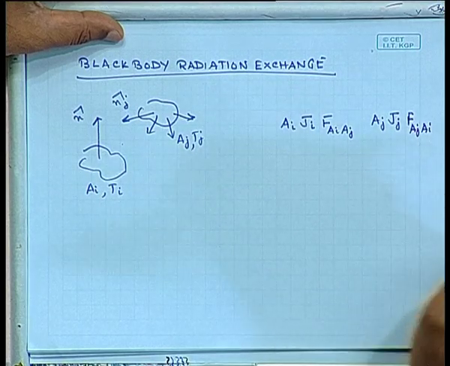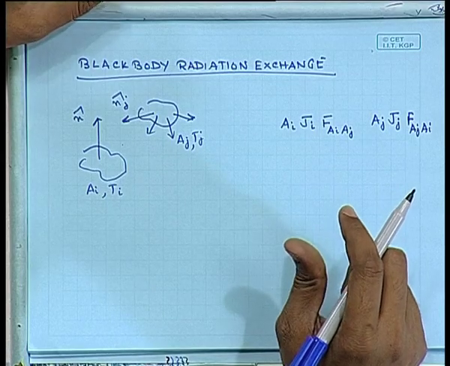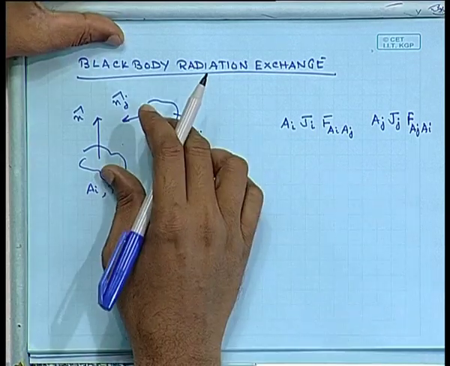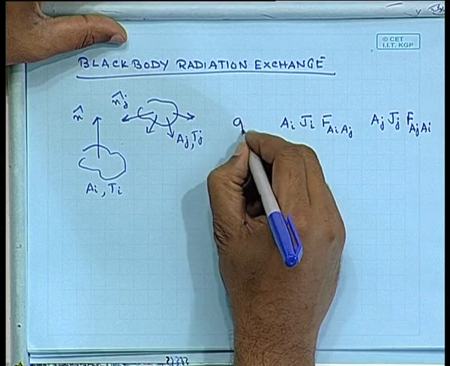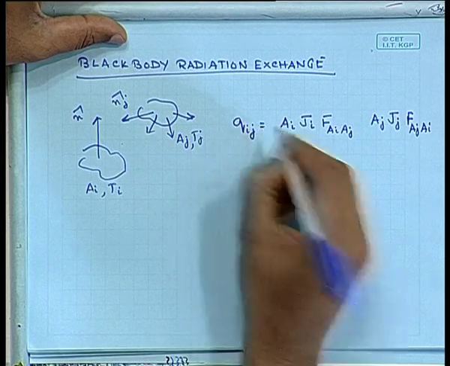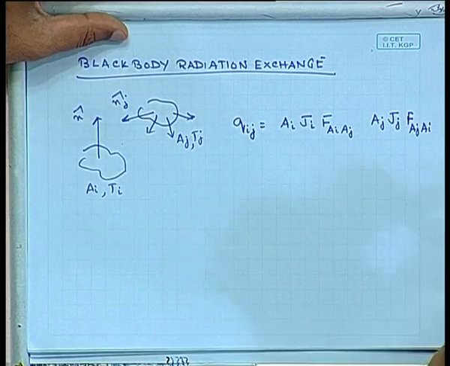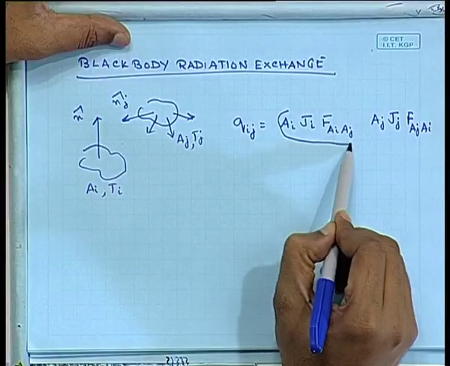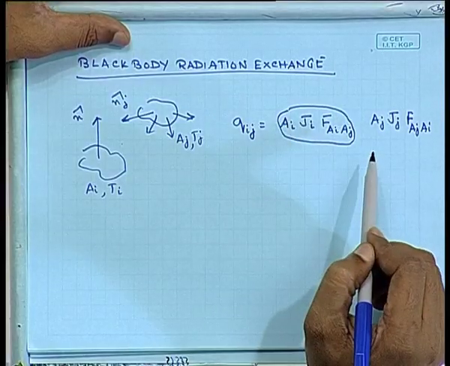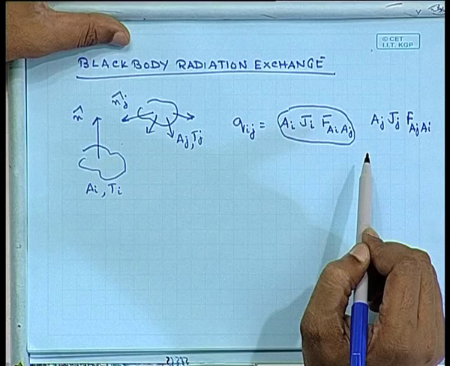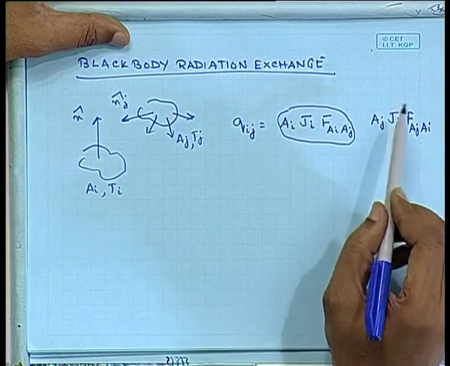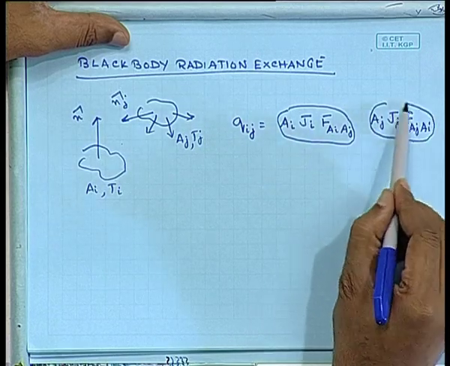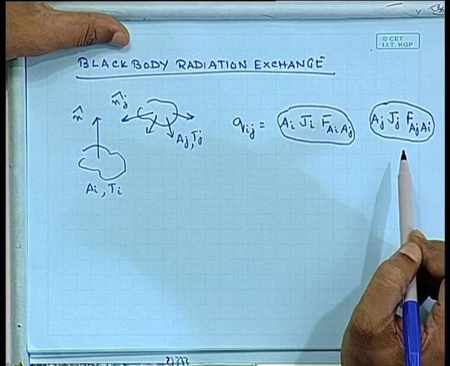All right. So, the net radiative exchange between these two surfaces, if I call it Qij, would be equal to plus or minus. This is the amount of energy given by surface 1 which is intercepted by surface 2. That is the amount of energy given out by surface 2 intercepted by 1.